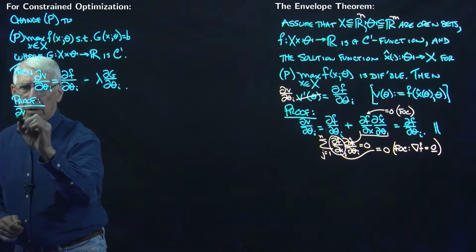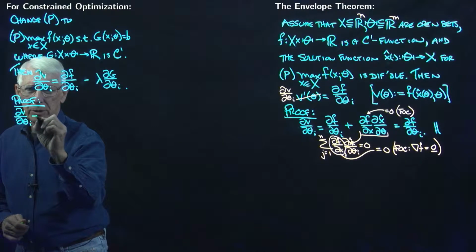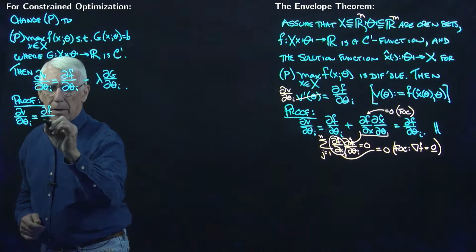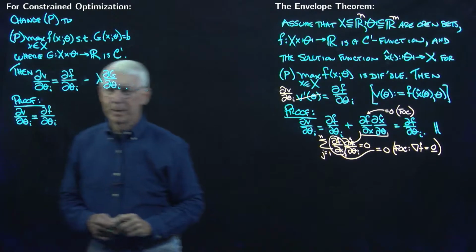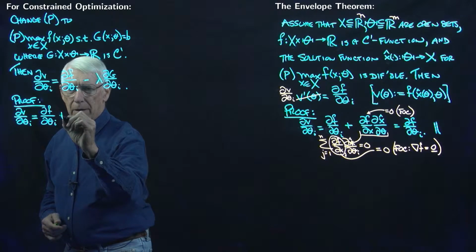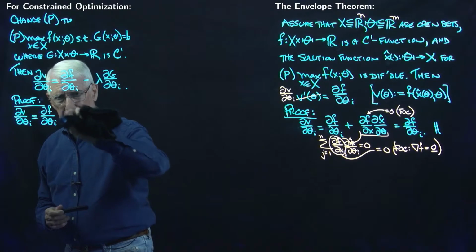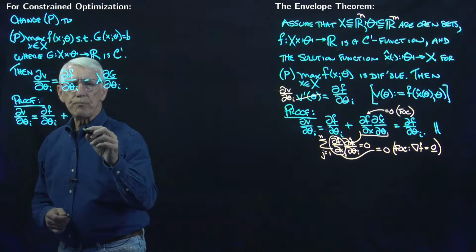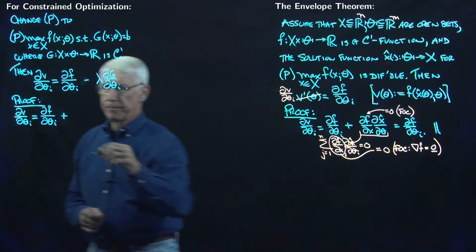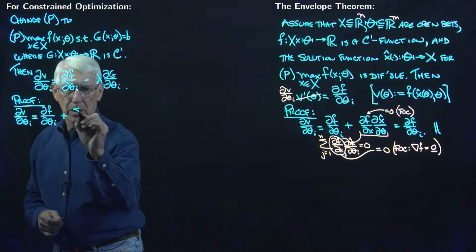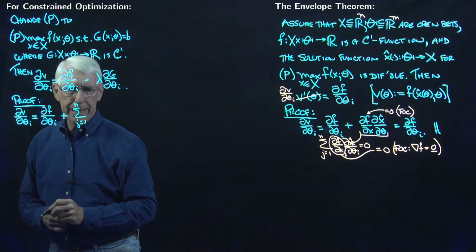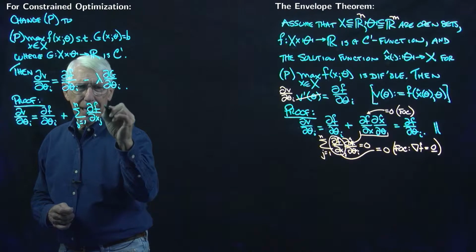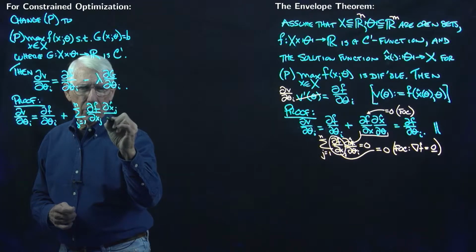We have the derivative of the value function with respect to the parameter theta I is, of course, going to be the derivative of f with respect to theta I plus, again, let me leave myself a little more space here, plus the sum, j equals 1 to n, partial of f with respect to x j, partial of x hat with respect to theta I.